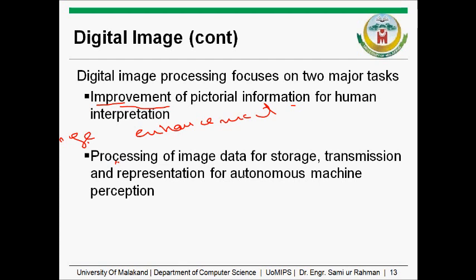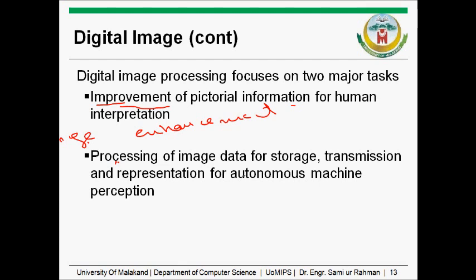And then transmission is another most interesting and challenging area. Now, if you look at the web, a website which has more images takes more time for downloading or for data to be received on your computer. But if there is no image, then you can receive the bits in less time.